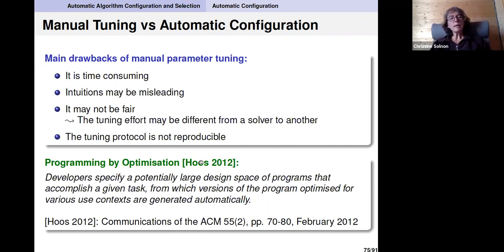So Holger Hoos has introduced what he called programming by optimization, and I really like the idea. The idea is that when you develop a program, you introduce a lot of parameters, and then you can automatically configure your program with a lot of parameters and hyperparameters by using automatic configuration tools. So just a few words about automatic configuration.